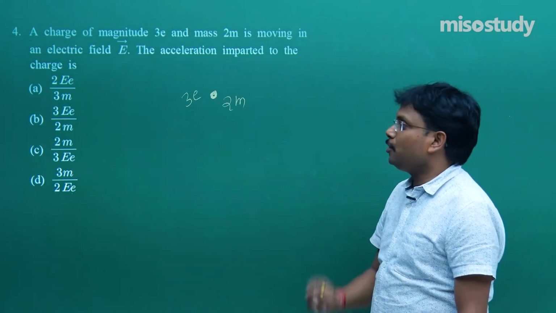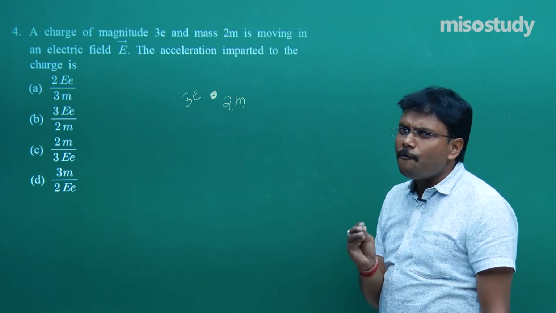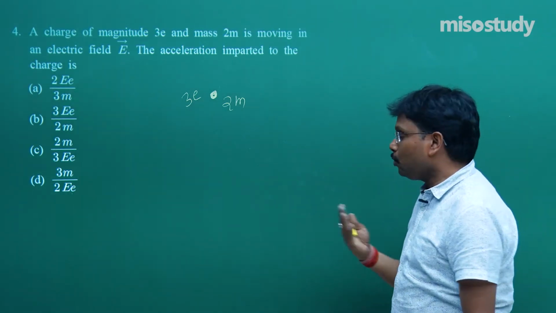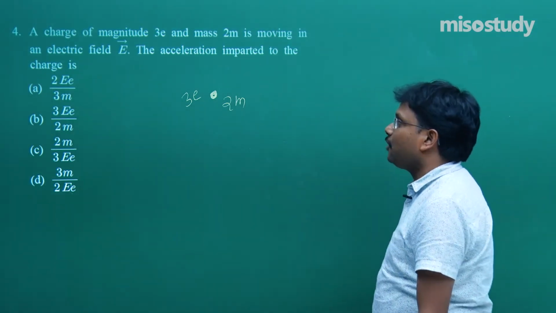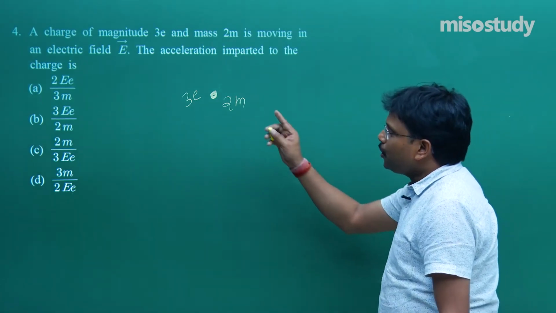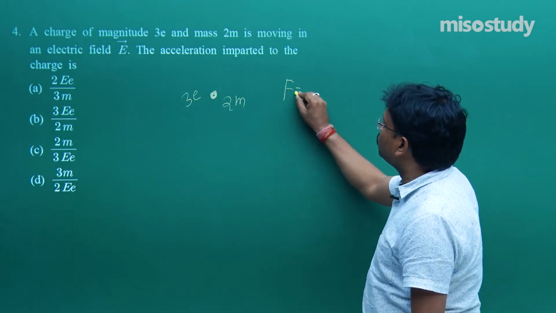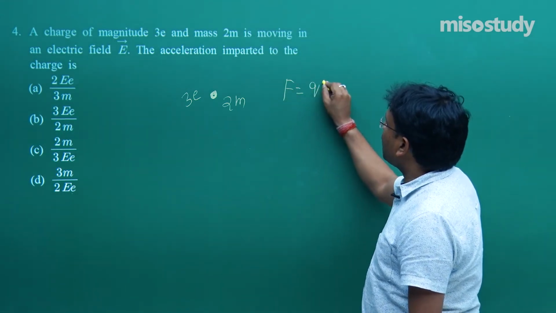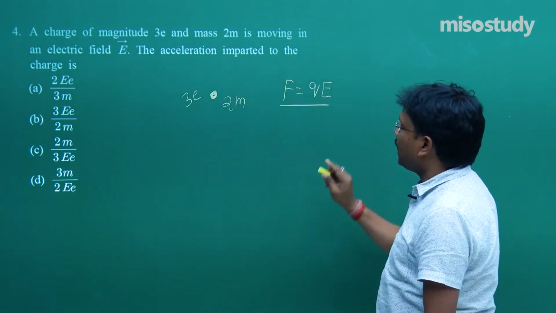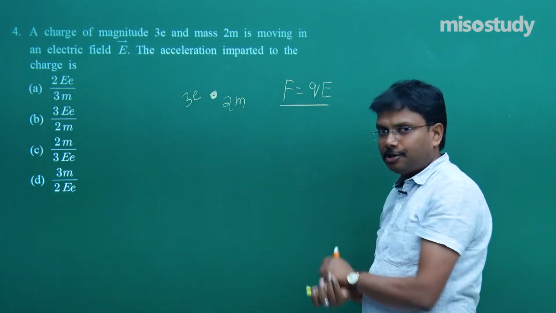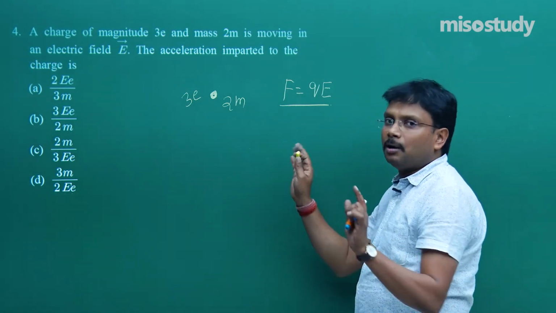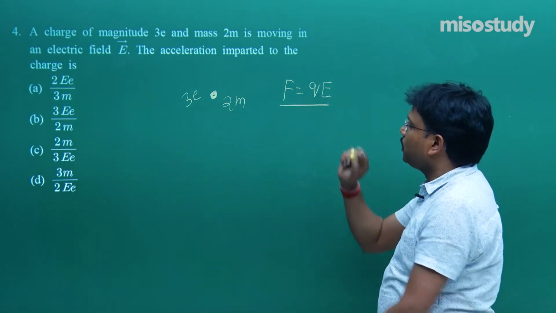Now see the beauty of these questions. They are asking such fundamental things, and I don't know why students are complaining about a difficult paper and all these things. So now if I am saying that F is equal to QE, this type of formula we are going to apply. Just write down this formula on the rough sheet. Don't do anything on the OMR sheet or anywhere, just do it on the rough sheet.